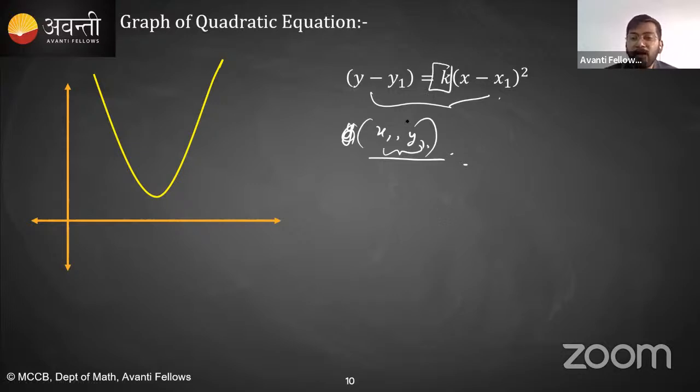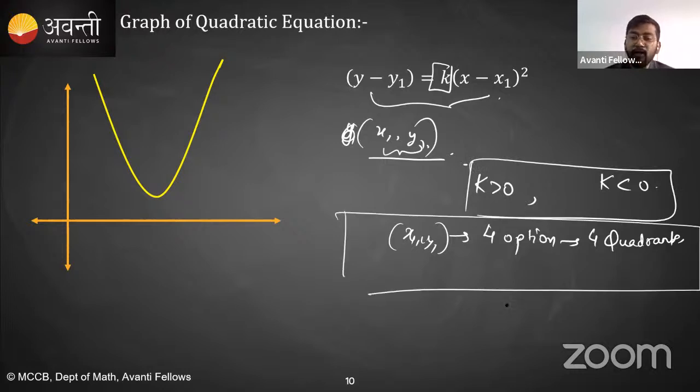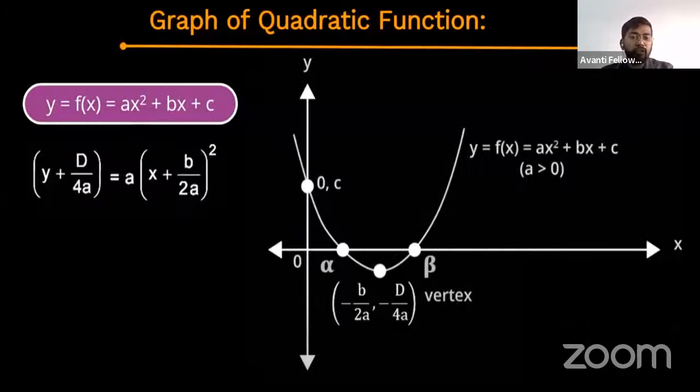And k can be anything. k can be positive, k can be negative. x1 comma y1 has 4 options, which are the 4 quadrants. So based on k and x1 comma y1, we can determine the graph of a quadratic equation. Now, how to determine the graph of a quadratic equation? See here, this we had already written, right?